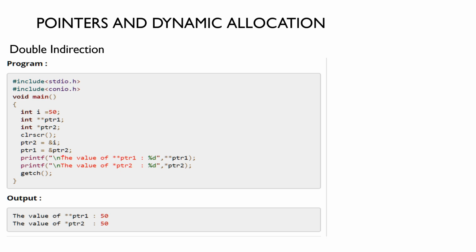In this printf here, we get the value of whatever pointer 1 refers to at the bottom level. So we use the dereference operator twice, and we get the value we expect. That's 50, which is what's called an I. And in the second one, we just dereference pointer 2 the old-fashioned way and get that 50.